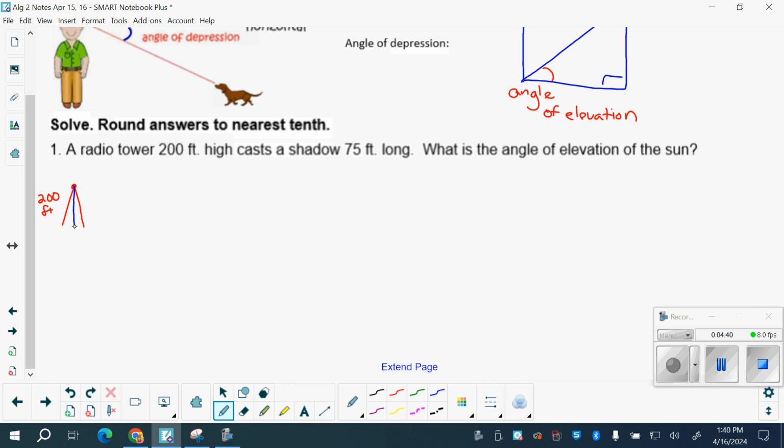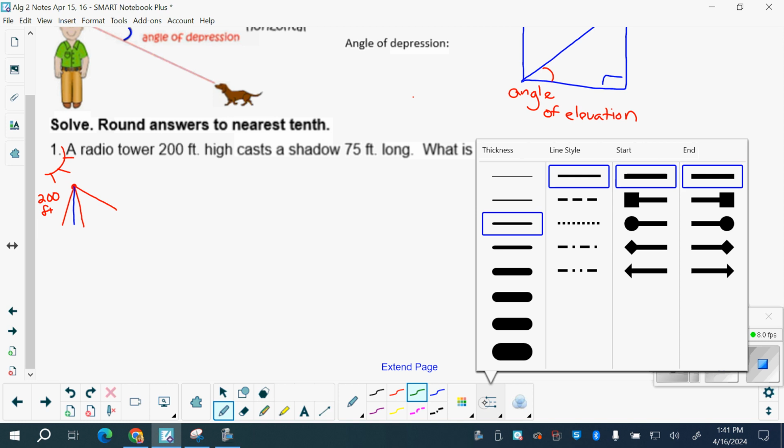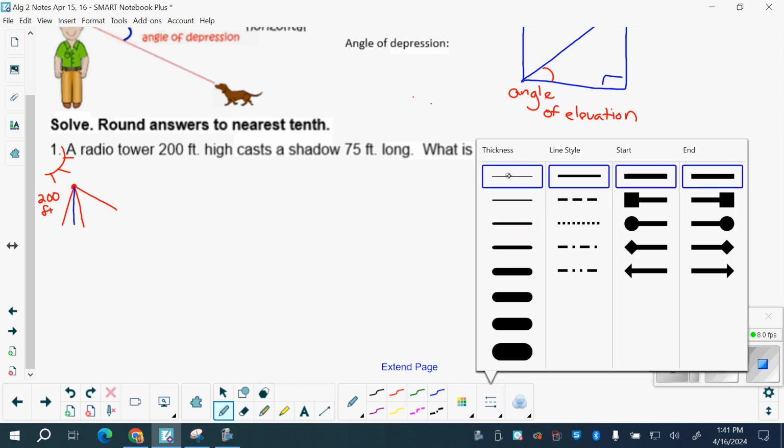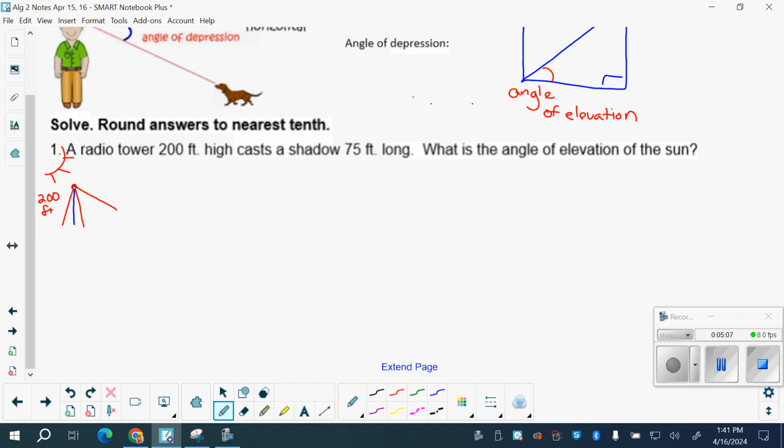You've got a sun here that's shining over that, and it casts a shadow. Where will the shadow be? I'm going to make a right triangle here. Here's my right triangle.